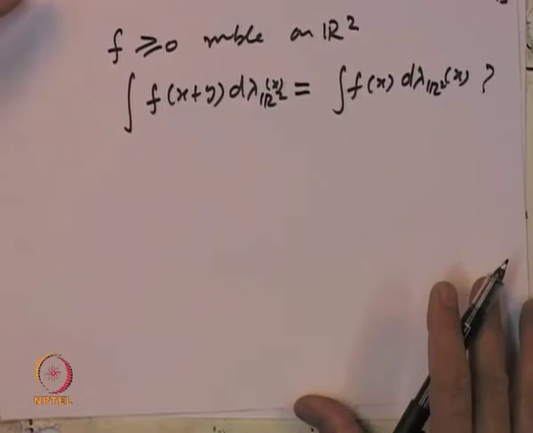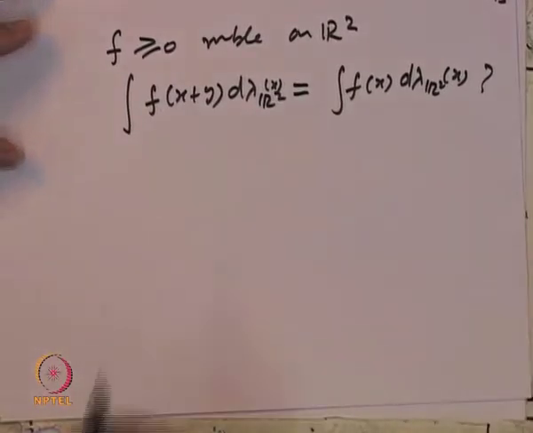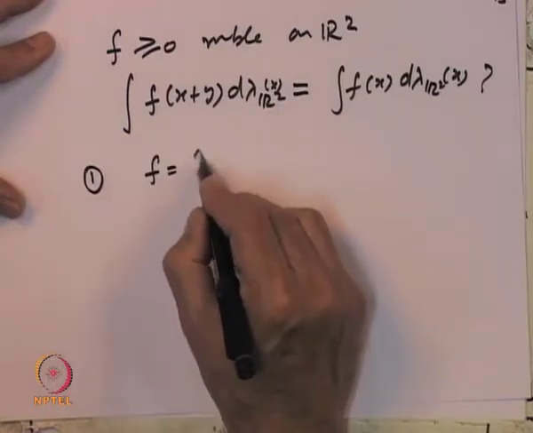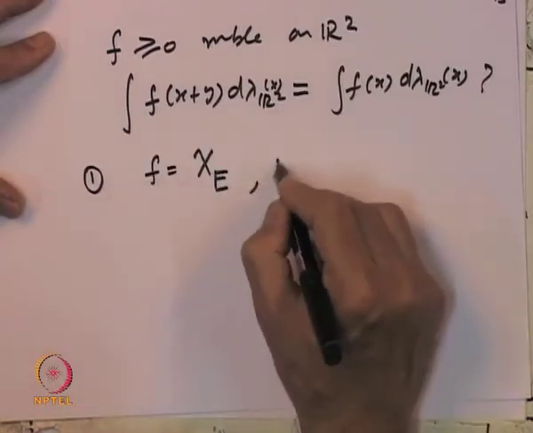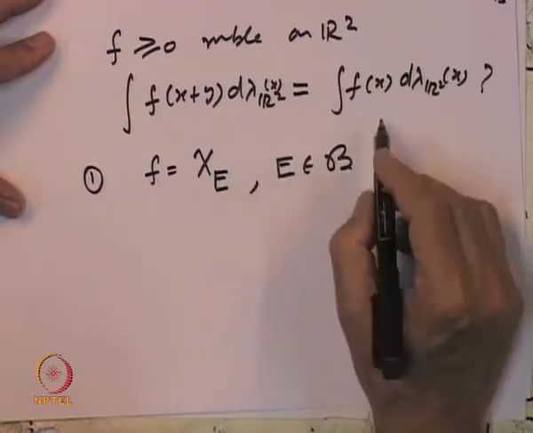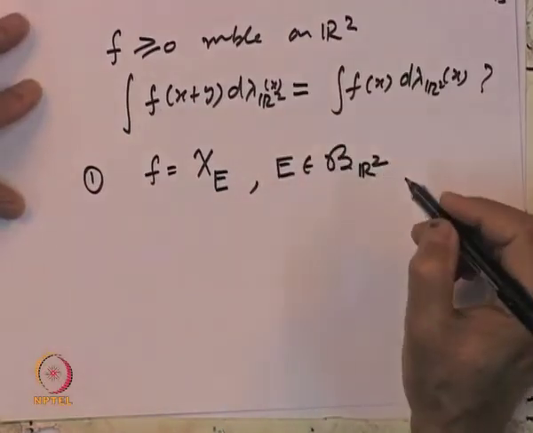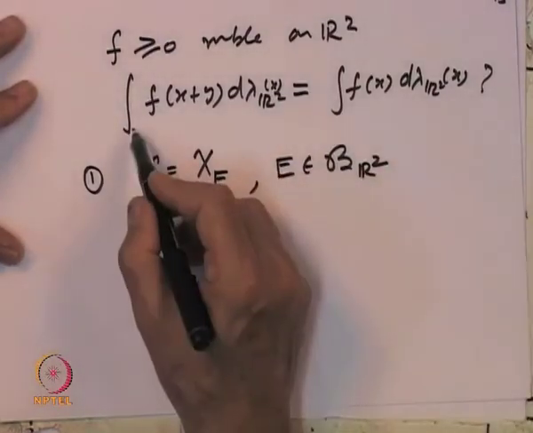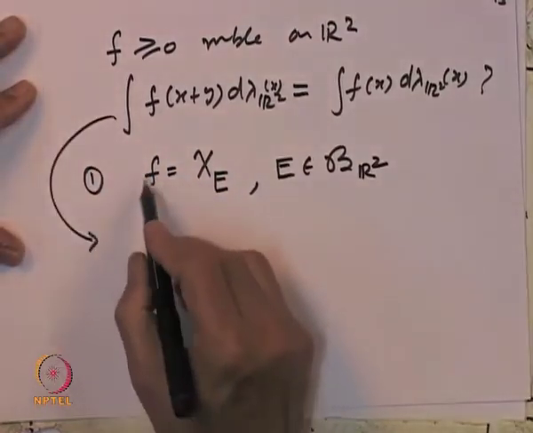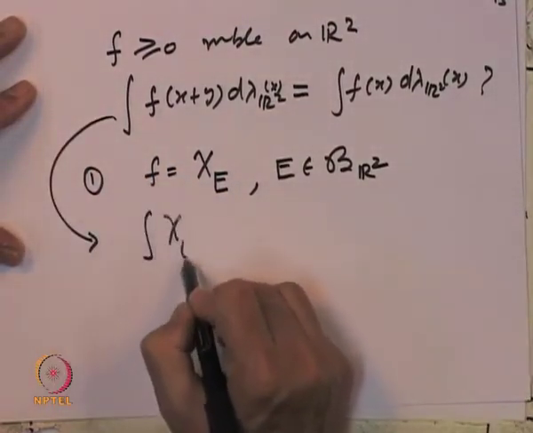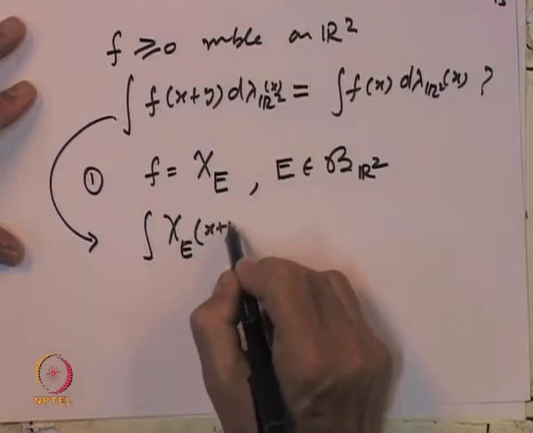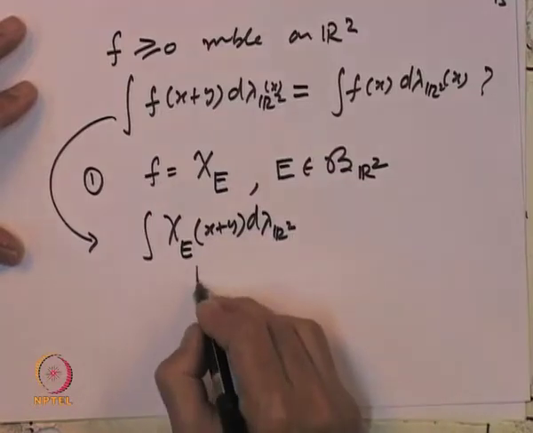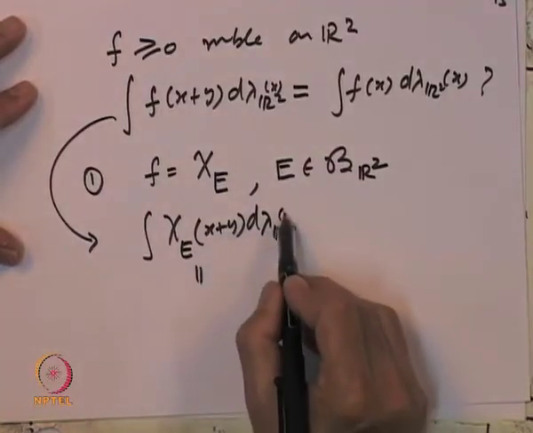The simple function technique, as you recall, is the following. First step, let us take f to be the indicator function of a set E, where E is a Borel subset of R 2. In that case, the left hand side is the integral of the indicator function of E at x plus y d lambda R 2, integrating with respect to x.